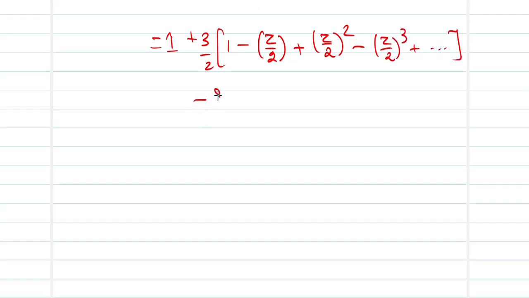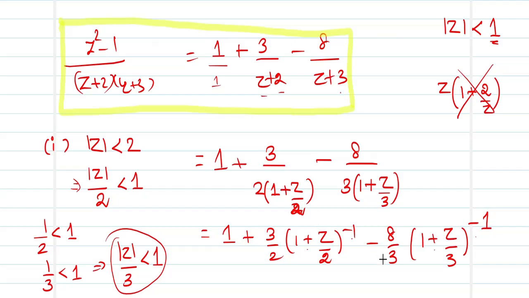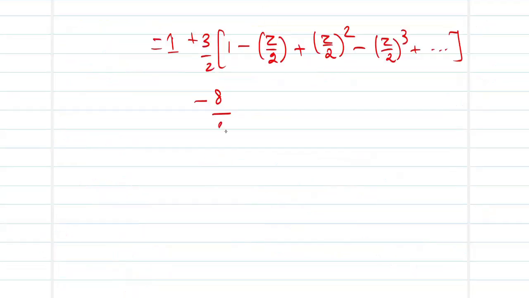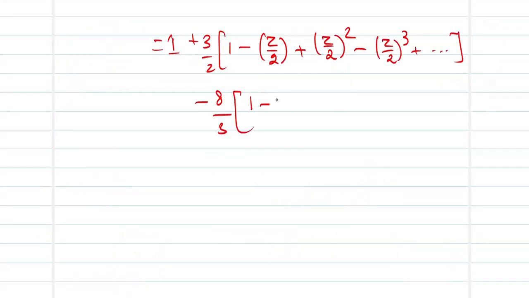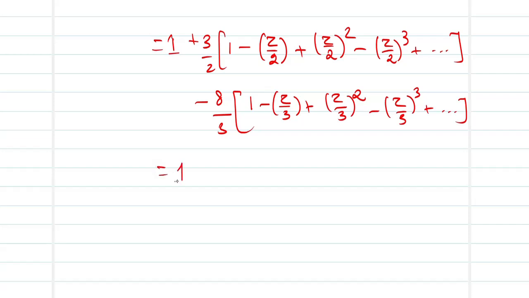What is the next term that gets generated? 8 divided by 3 times, again we see that one is positive, the other one is negative, so you need alternating positive and negative: z by 3 plus z by 3 the whole square minus z by 3 the whole cube and so on.